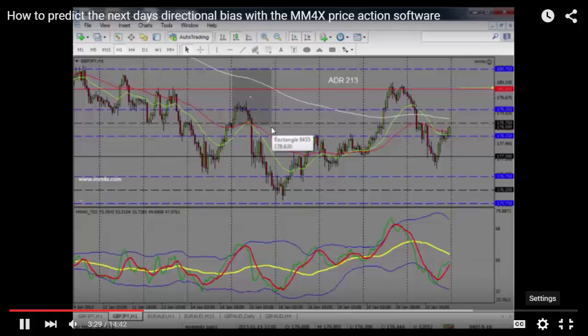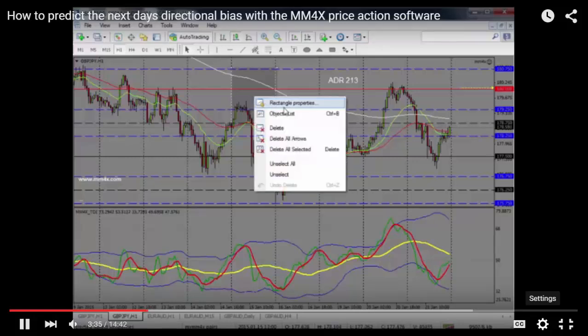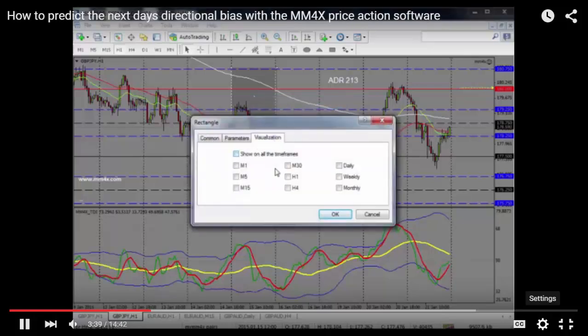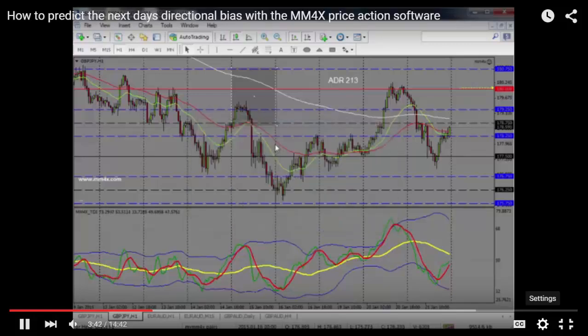Roughly. Doesn't have to be exact, but close enough. And then I'll right click on the mouse and change the rectangle properties to only show on the 1 hour time frame. And there's a reason for that, and I'll show you here soon.